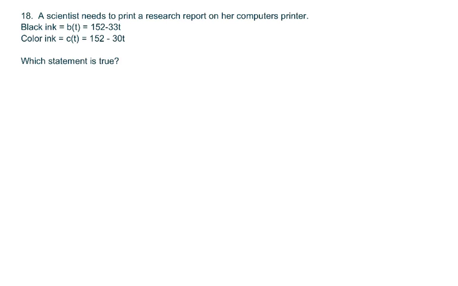I shortened 18. If you look at this, I shortened the problem. Please read it and think about it. But if you notice here, the only thing different is here. So I like to rewrite this. For the black printer, this would be -33t plus 152.